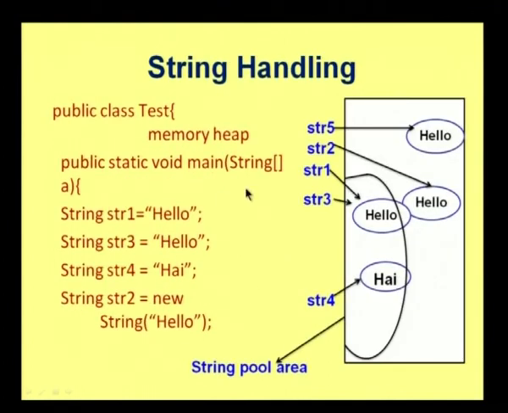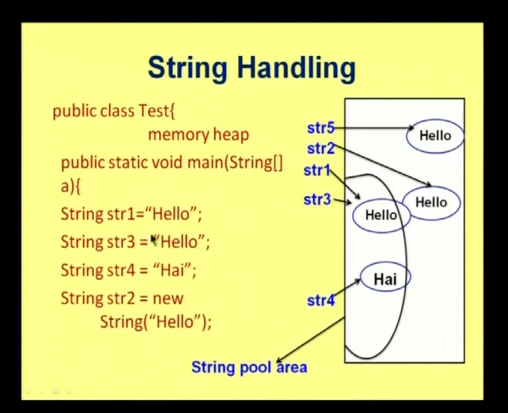Next is a sample program for handling strings. Here we have a program in which we try various types of string variable declarations and see how the memory has been allocated. You can see we have created a string and directly assigned a value to it, str1 and str3. Both str1 and str3 have the same value.